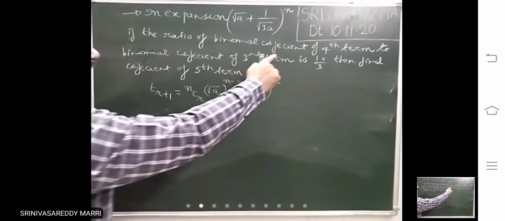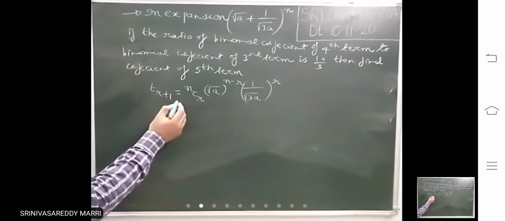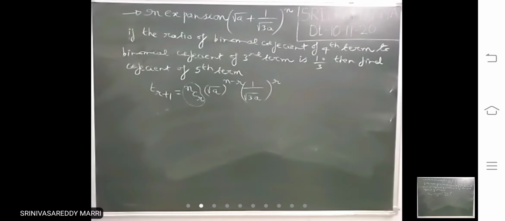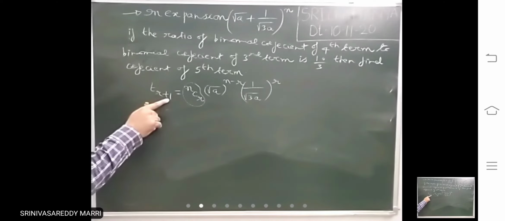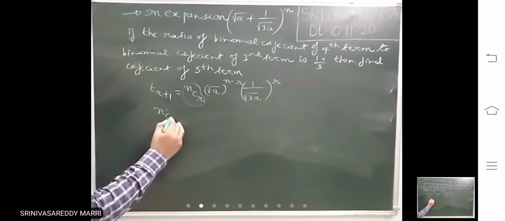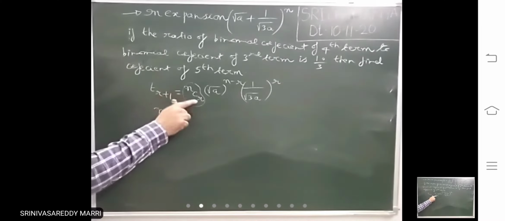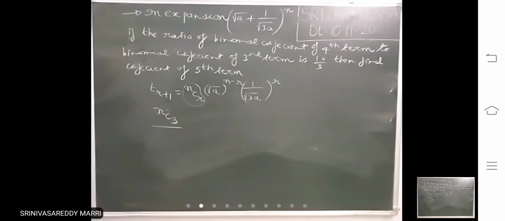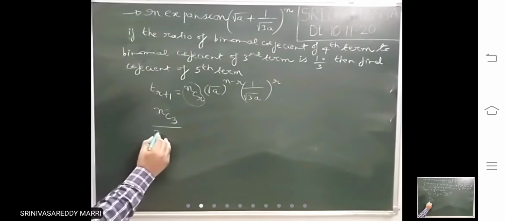He is telling the ratio of binomial coefficients of the fourth term. If you substitute r equal to 3, you will get the fourth term. Then you will get nC3, only this part, divided by the binomial coefficient of the third term, which means nC2.